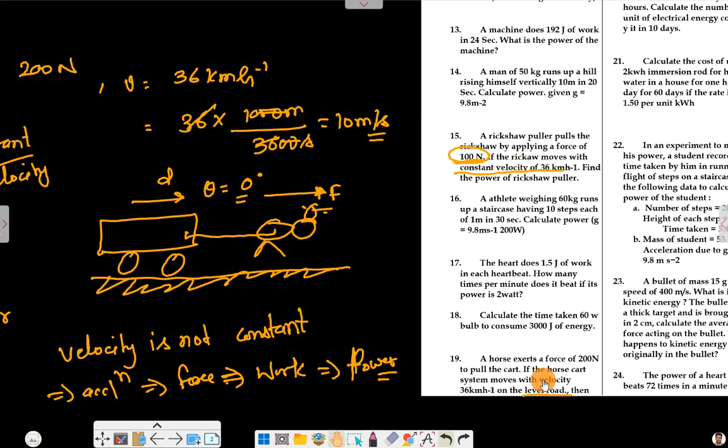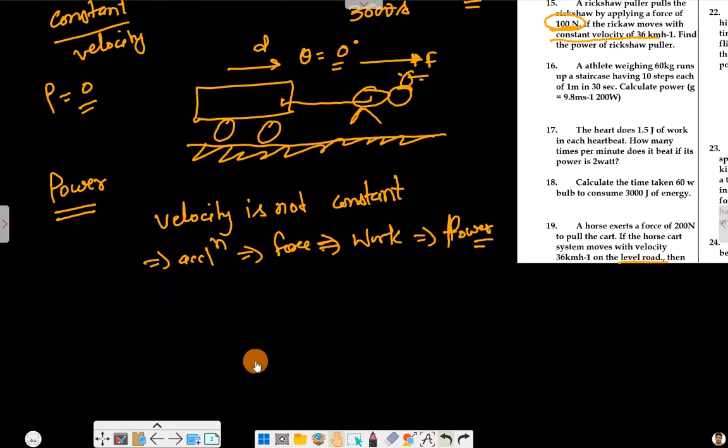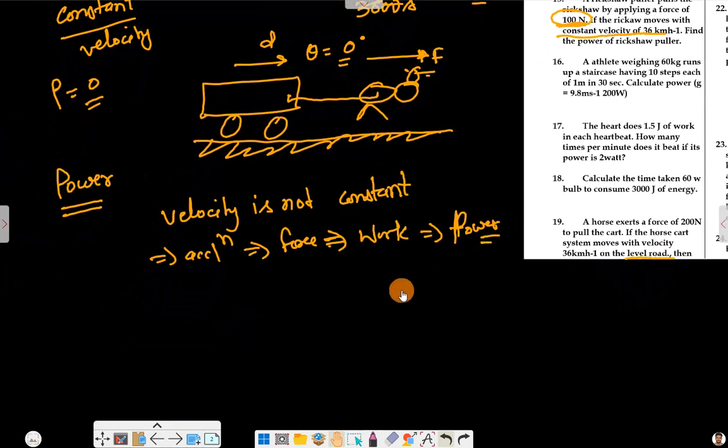But in this case it is not mentioned that velocity is constant. So we will assume that velocity is changing. If velocity is changing, then there is acceleration, there is work, then there is power. So if we write the formula for power, power is work by time.